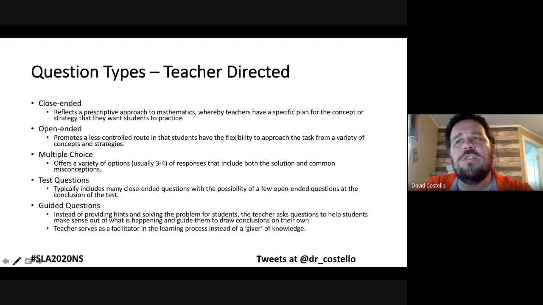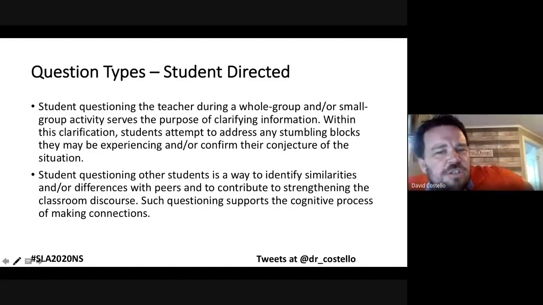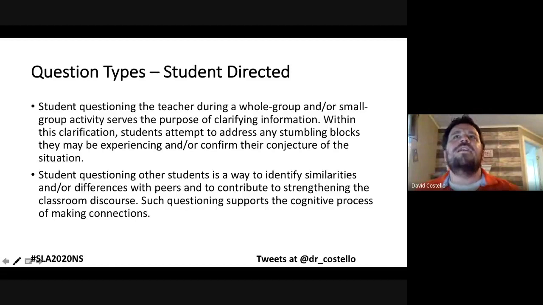So we talked about question types, teacher-directed. Now let's talk about question types, student-directed. So student questioning the teacher during a whole group or small group for the purpose of clarifying information. Within this clarification, students attempt to address any stumbling blocks they may be experiencing or confirm their conjecture of the situation. That conjecture is like, what are they seeing? Have they seen any trends?